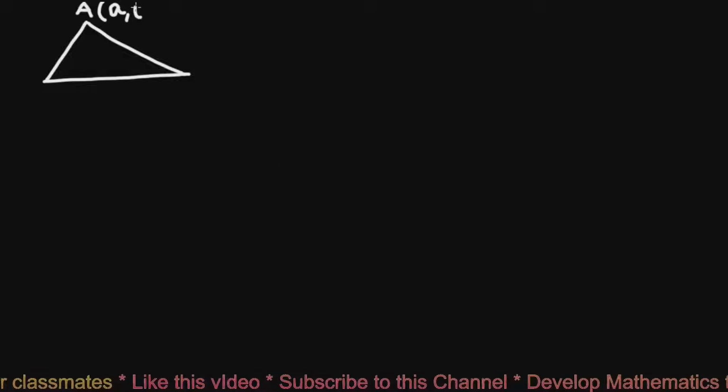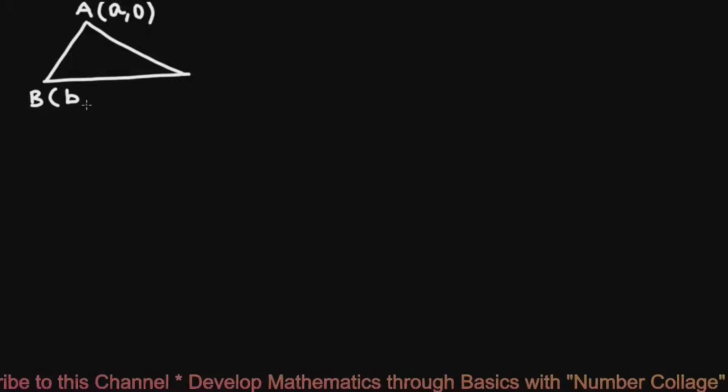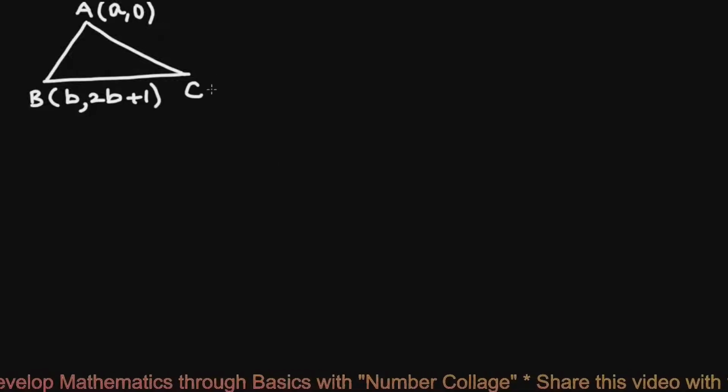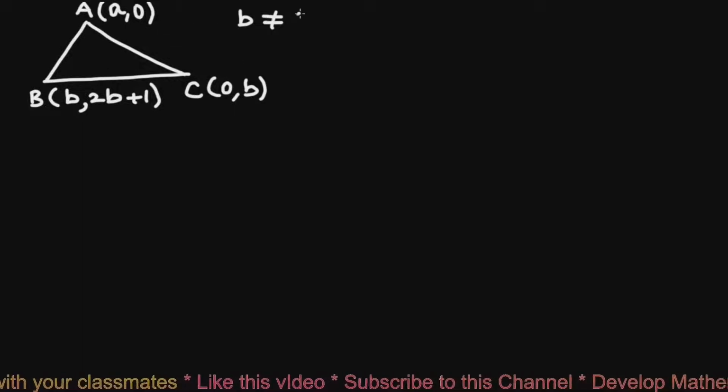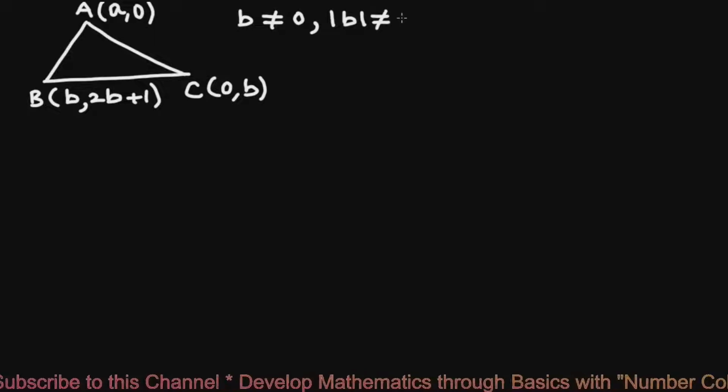In the next question, we are given the coordinates of three vertices of a triangle: A, 0; B, 2b plus 1; and C, 0, B, where B not equal to 0 and mod B not equal to 1.